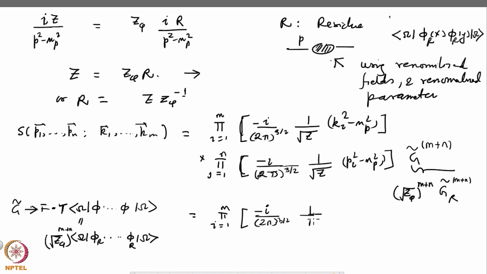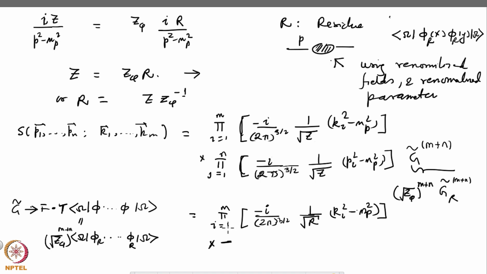One over square root of r, where r is the residue which you get when you use renormalized fields and renormalized parameters.